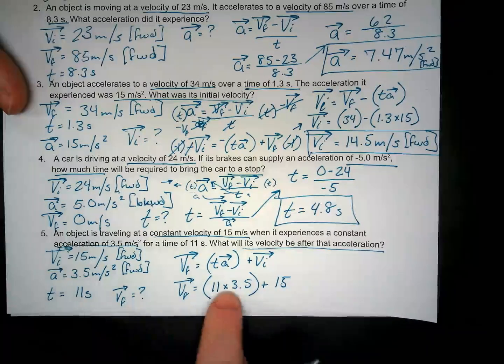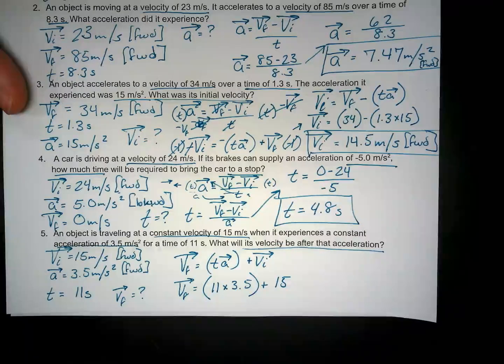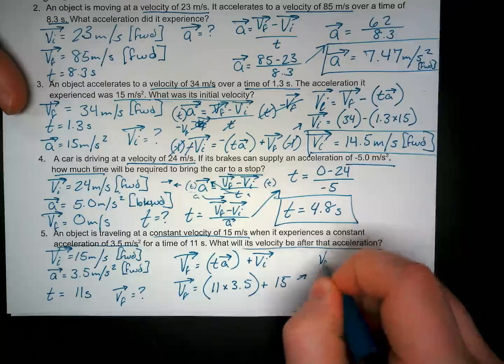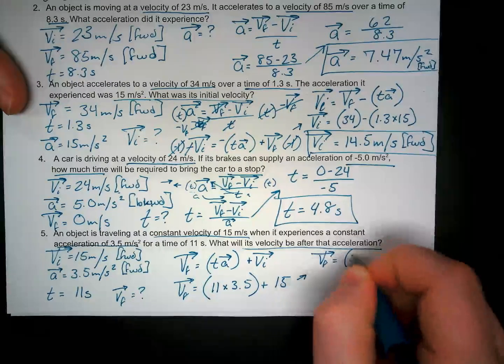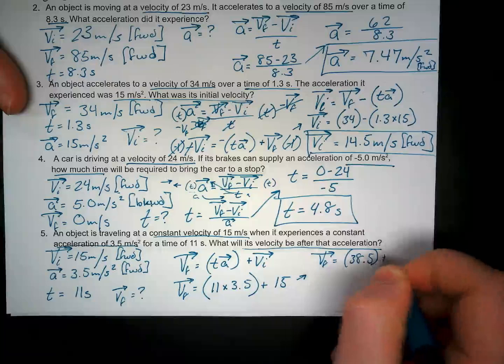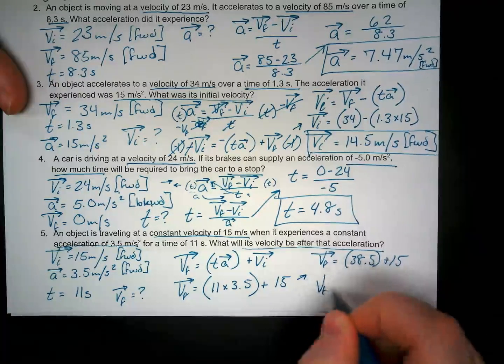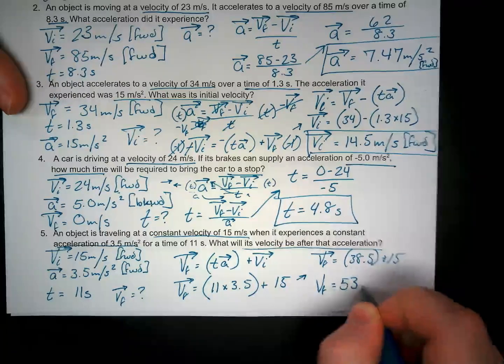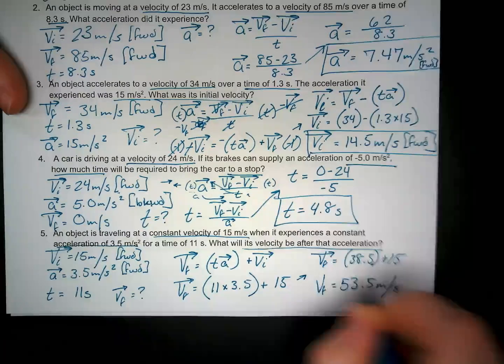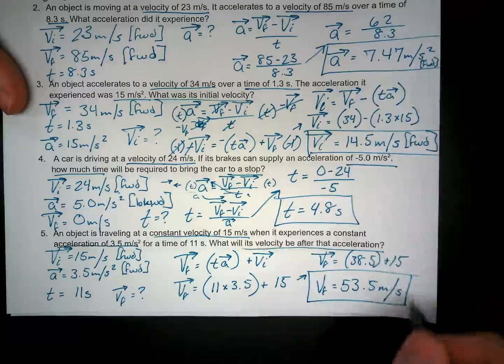We're going to do 11 times 3.5 first, which gives me 38.5, and then plus 15. What I'll get here for my final velocity is 53.5 meters per second.